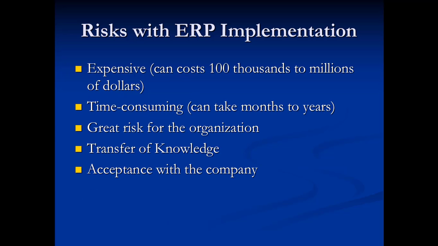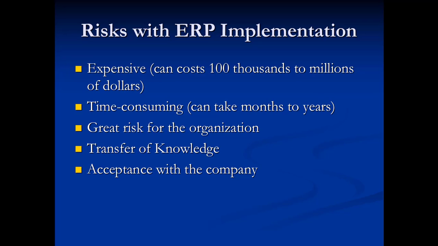We can also see certain risks in implementing this kind of software. It's very expensive, costing from thousands up to $1 million to get a good ERP system. It is time consuming, taking months to years to get the perfect implementation of the project. There is greater risk for the organization, and it will take a lot of investment going out of the company.